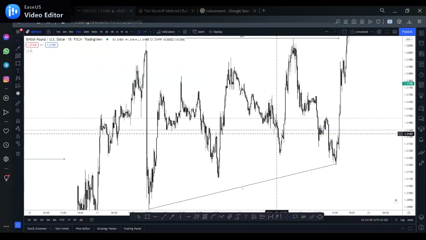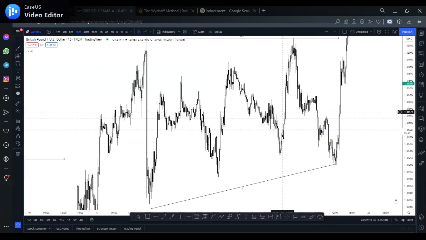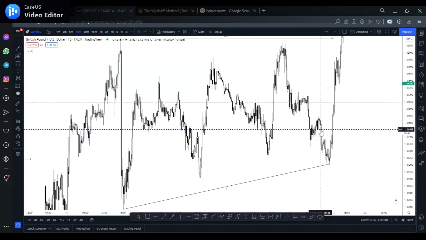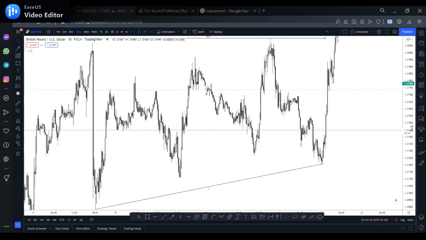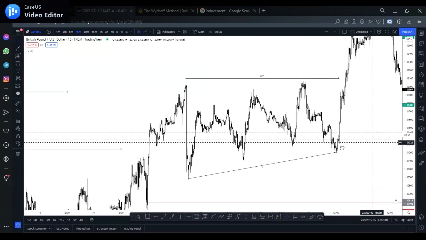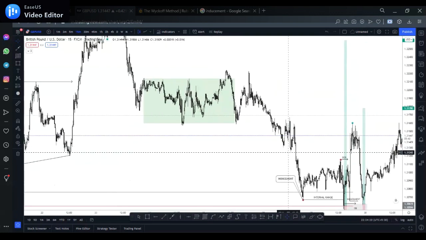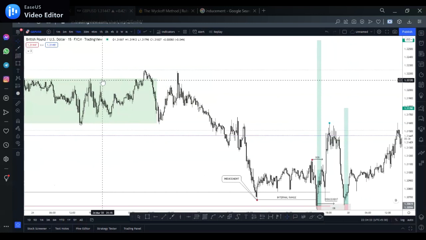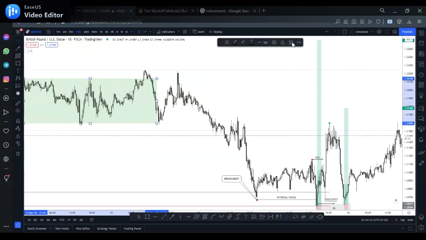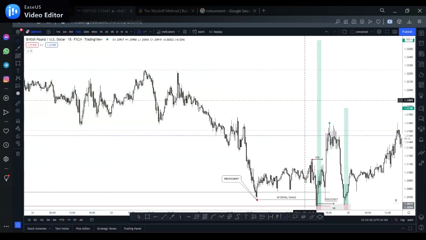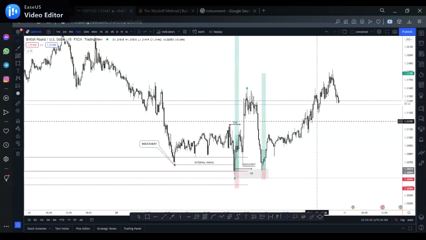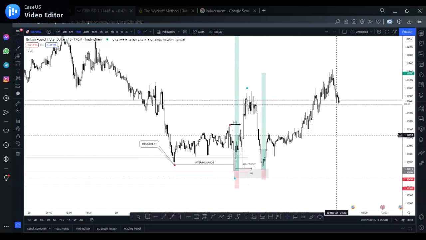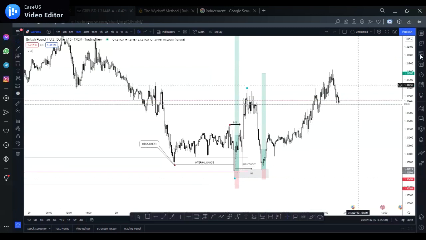So you should always look for an inducement before you take any trade, but only take an inducement after they're done taking out the internal range liquidity. After they clear out liquidity, they head back into the range after a break of structure, and then they create an inducement, then they take out the inducement before the wave movement is formed.